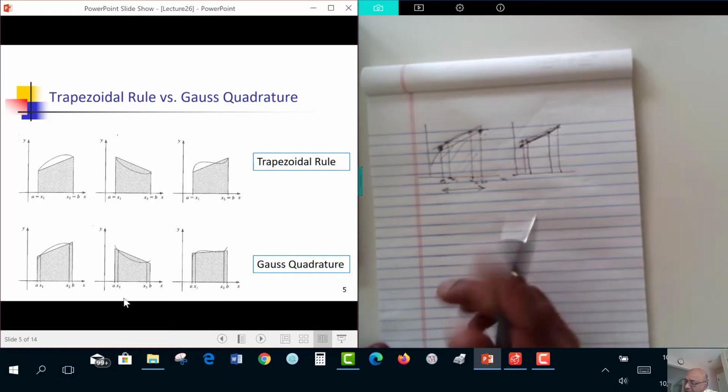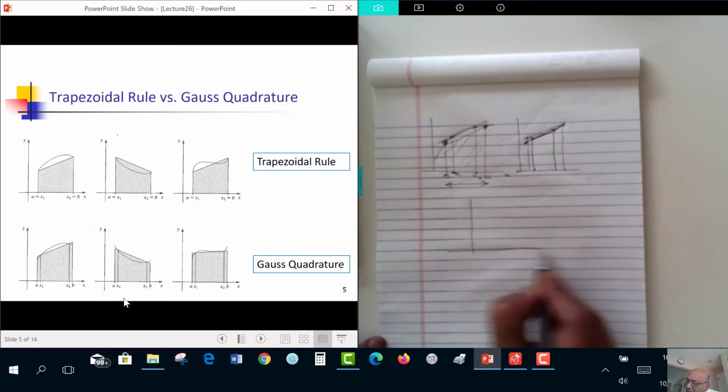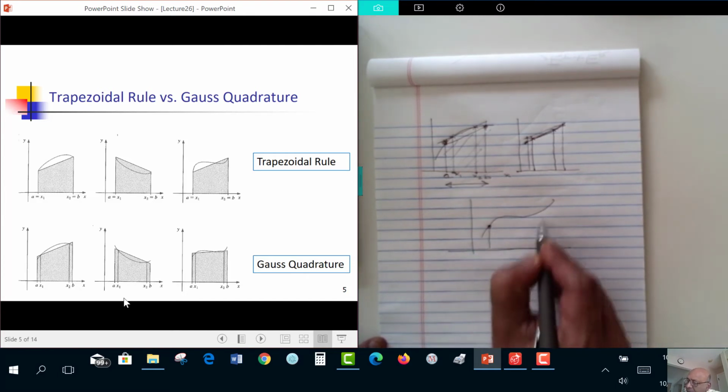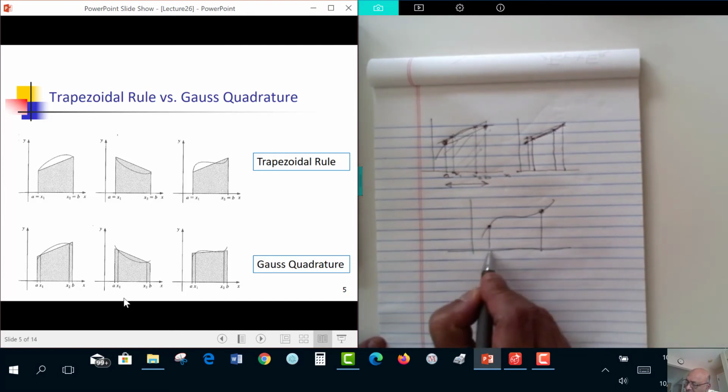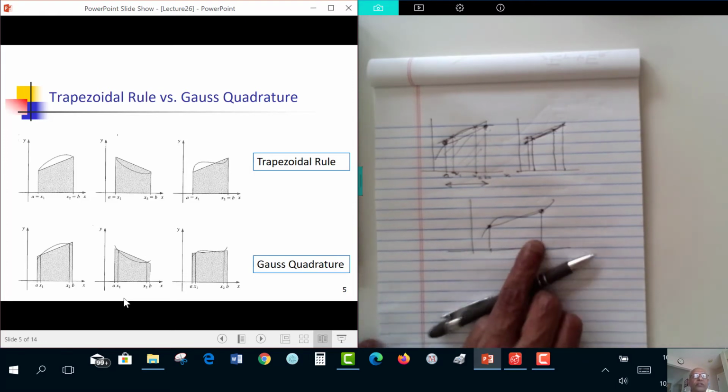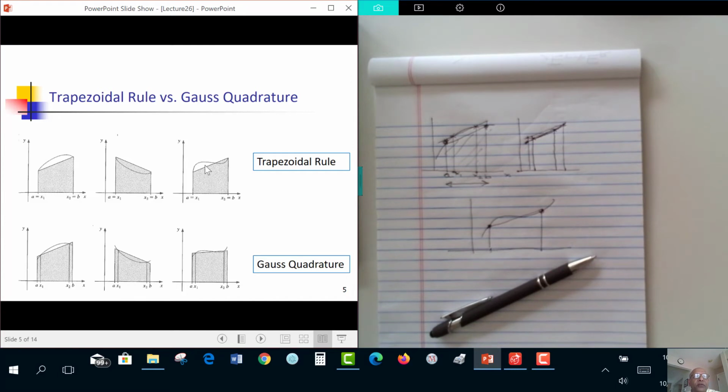Let's try a third diagram. Here the shape changes. So when we do the trapezoidal rule, in my figure it is doing a slightly bigger underestimation.